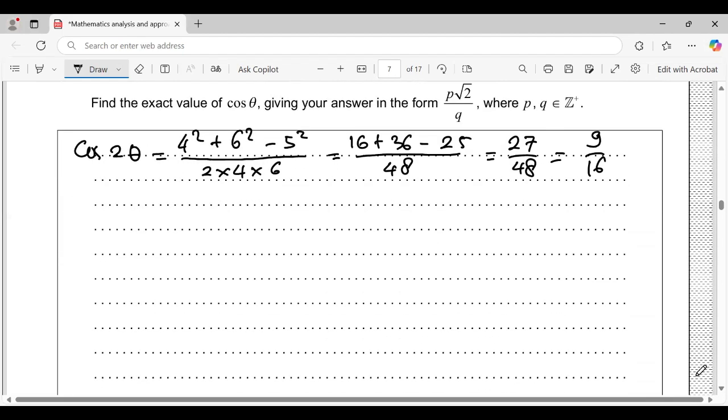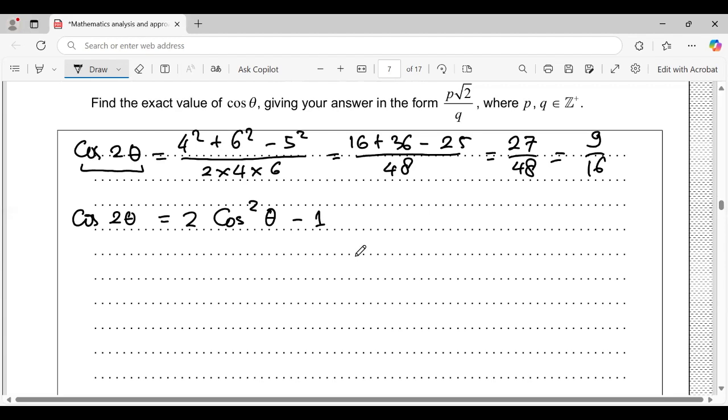Next, we are going to continue with a trigonometrical identity, according to the question. The trigonometrical identity of cosine 2 theta is 2 cosine squared theta minus 1.